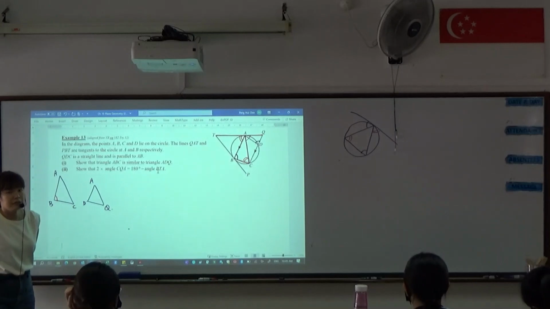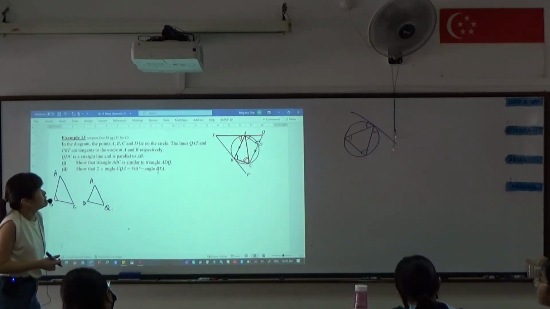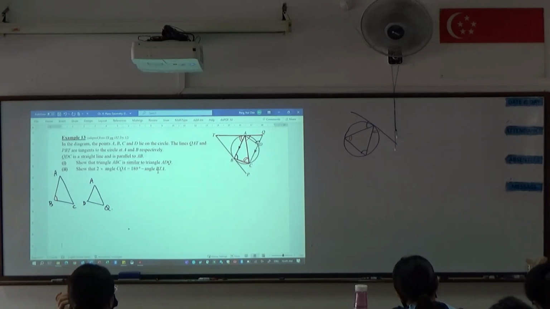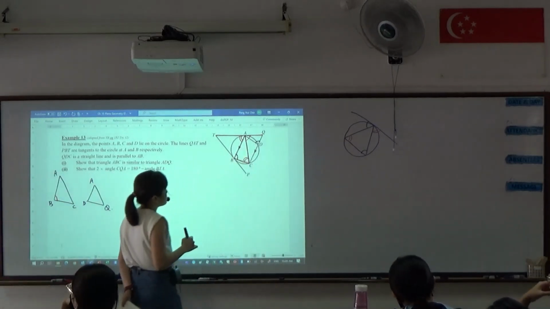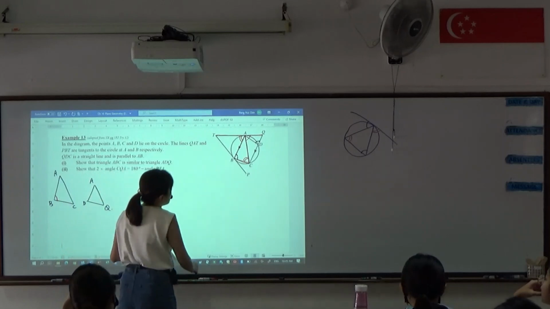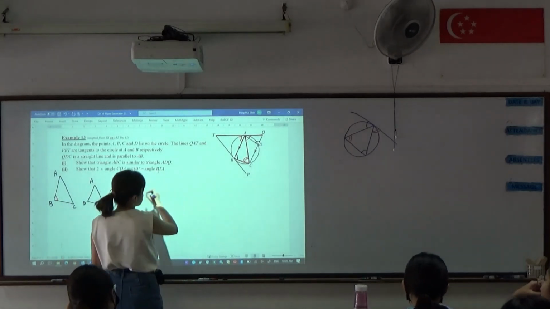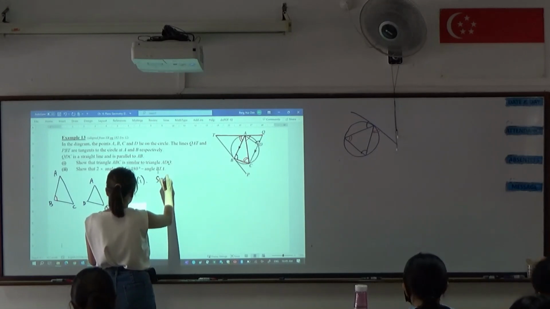Yep, that's the angle. So how could we show that this angle is equal to this angle here? Let's maybe just write down what we already know first.